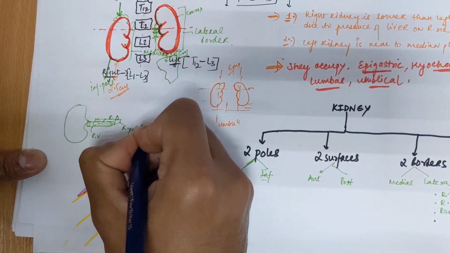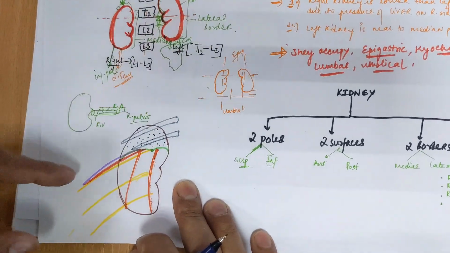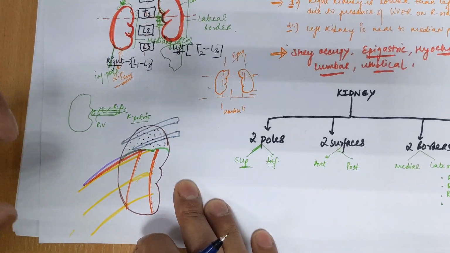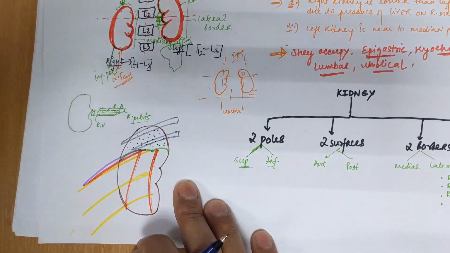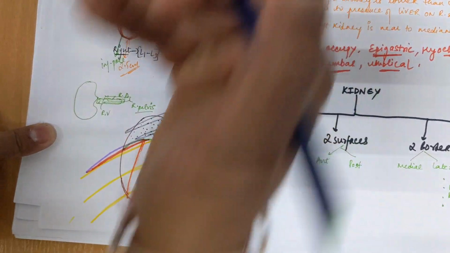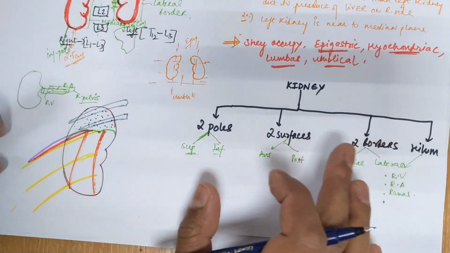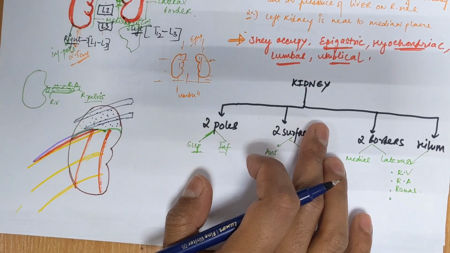So if you have to identify the kidney from the anterior side, first of all you will see the renal vein, then the renal artery, then your renal pelvis. So this is the relation from anterior to posterior side. Most anterior will be your renal vein. Okay, so this much is clear. So these were the external features.